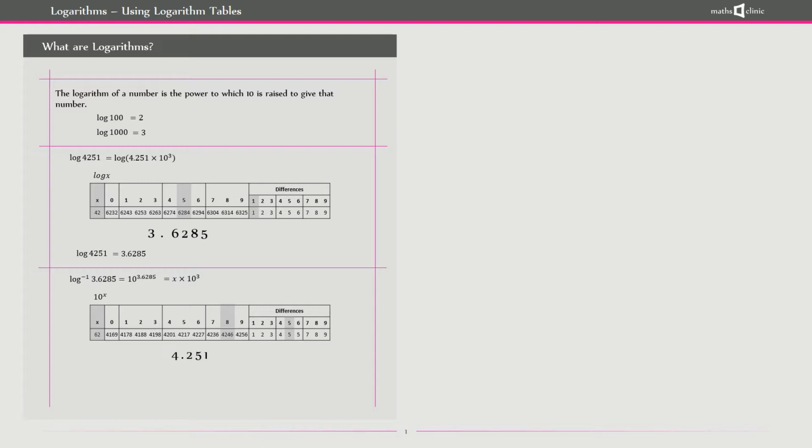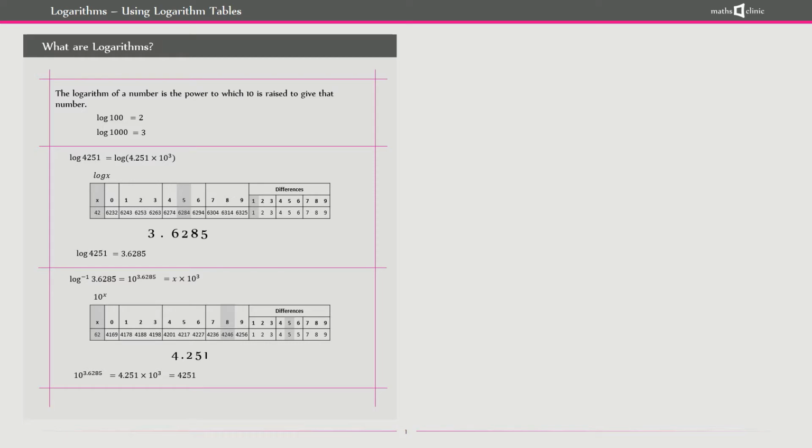Remember we express this in standard form, so we write this as 4.251. So x in this case is 4.251, and we have that 10 to the power of 3.6285 equals 4.251 times 10 to the power of 3, which equals 4251, i.e. our number in the first place.